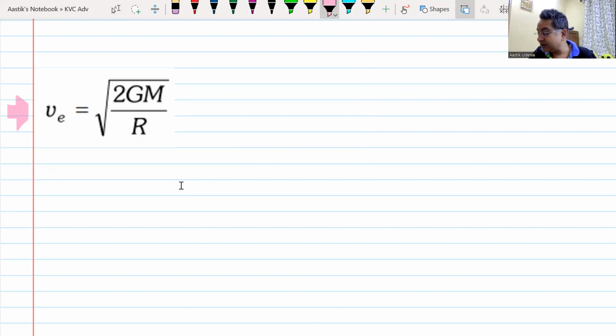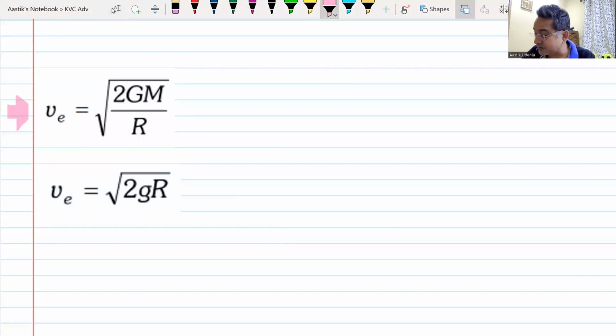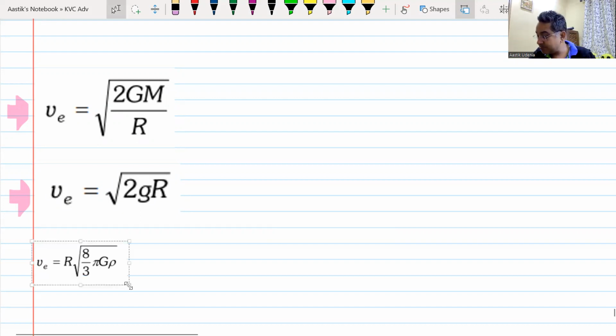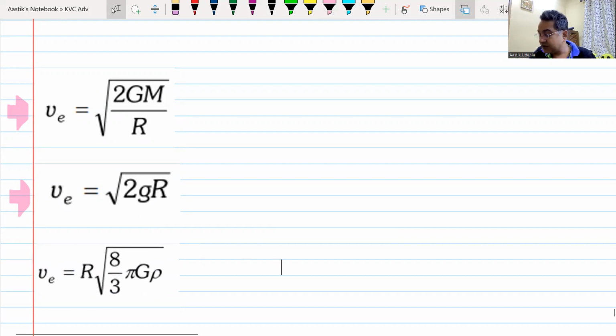The second way in which you can write the same formula is, and the more ways you remember, the better, root over 2gR, where g is the acceleration due to gravity on the surface of the planet. GM by R square is written as small g, and that is how I end up with this formula. The third way in which you can write the same thing is in terms of the radius and the density of the planet.